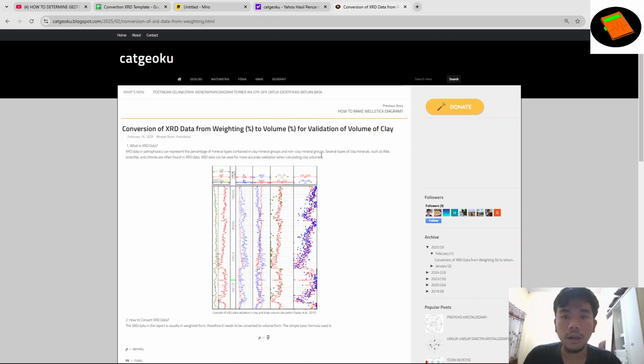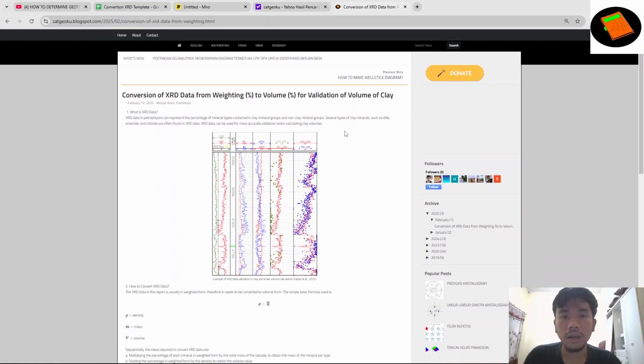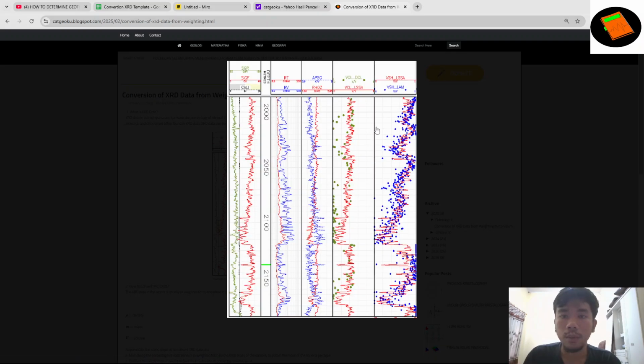Maybe we will imagine how this XRD data will be used. We can see at the right of the picture we have the VSH lamp that is represented with a blue dot. So this is our XRD data at each depth, and VSH LSSA is our calculation of volume of clay using a formula.